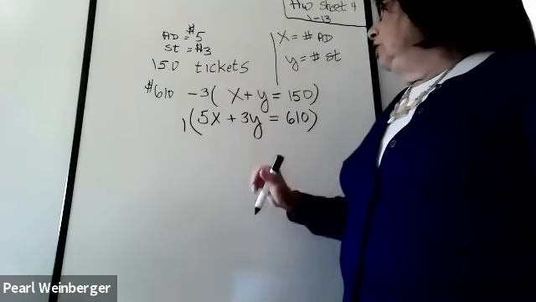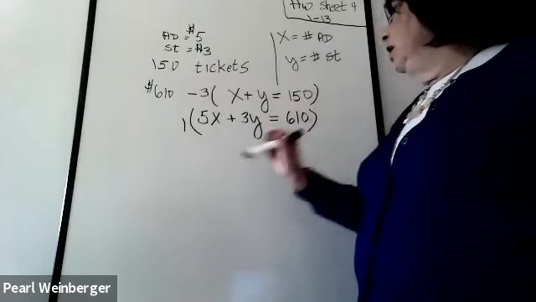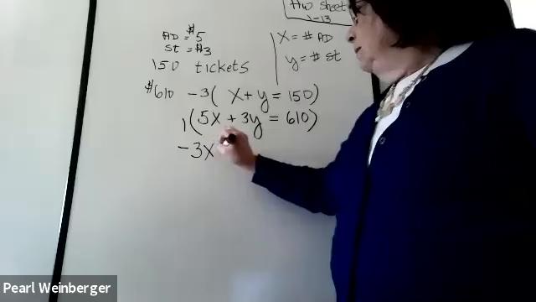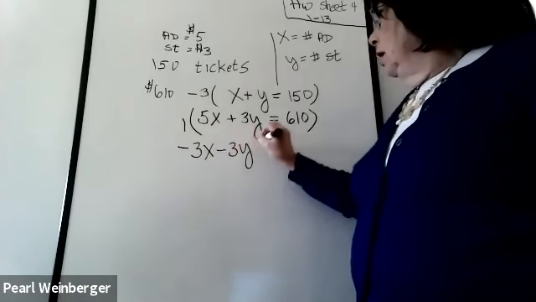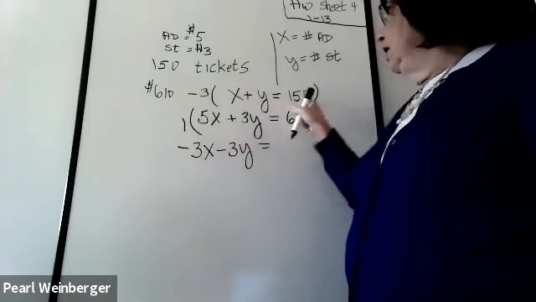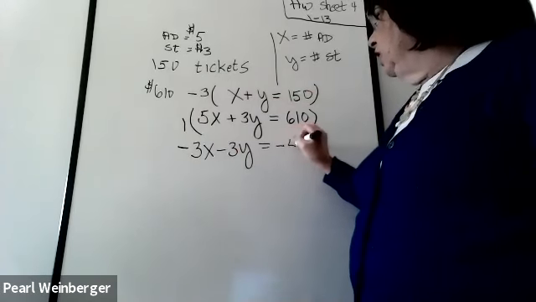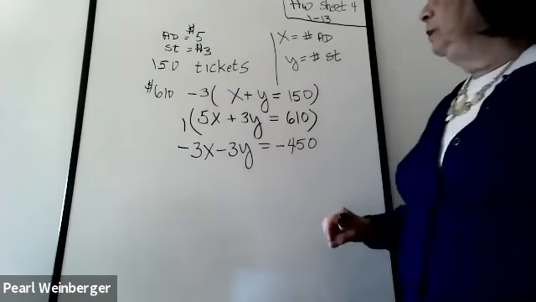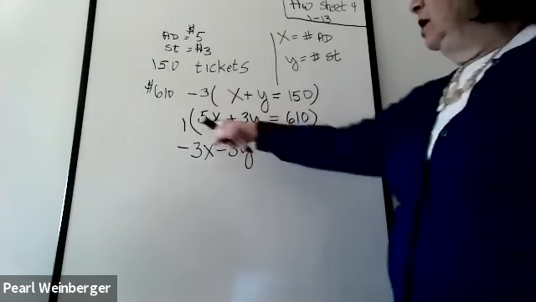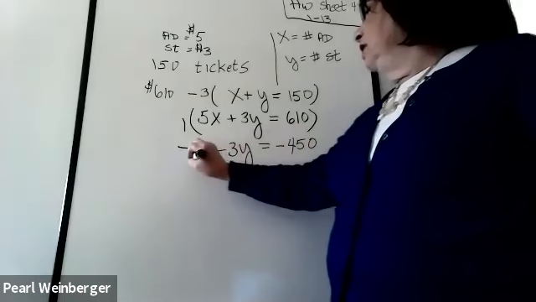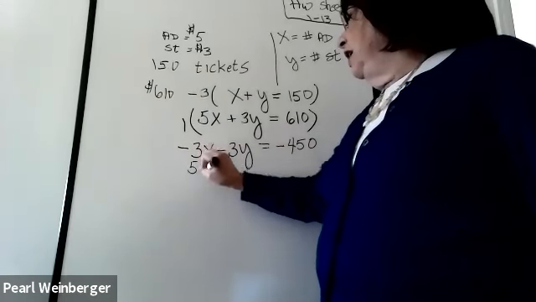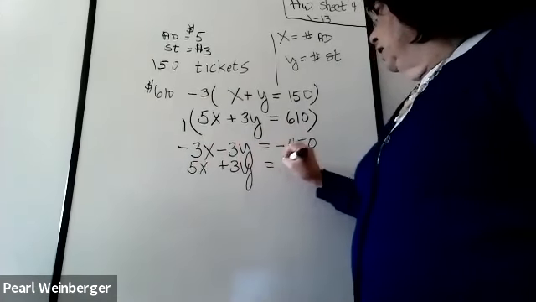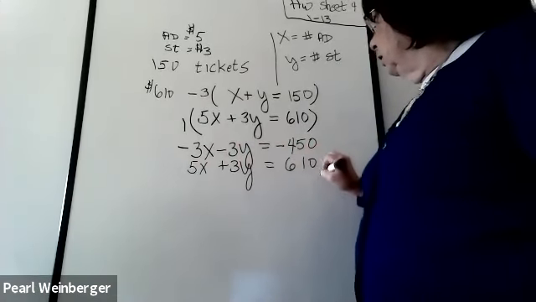I'm putting it with a 3, so I'm going to multiply the top equation by -3 to get -3x minus 3y equals, don't forget, -3 times 150 is -450. Don't forget to multiply everything by the -3. Multiplying by 1 just leaves everything the same, so this stays 5x plus 3y equals 610.